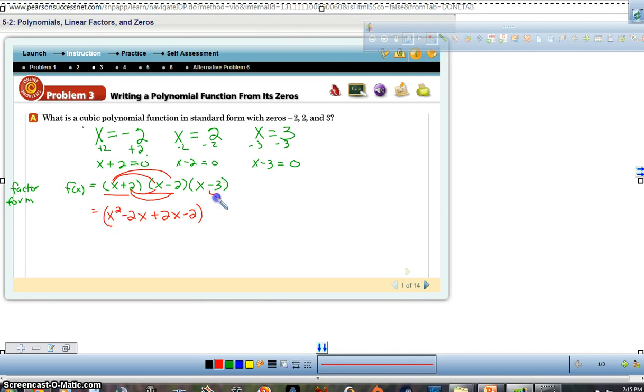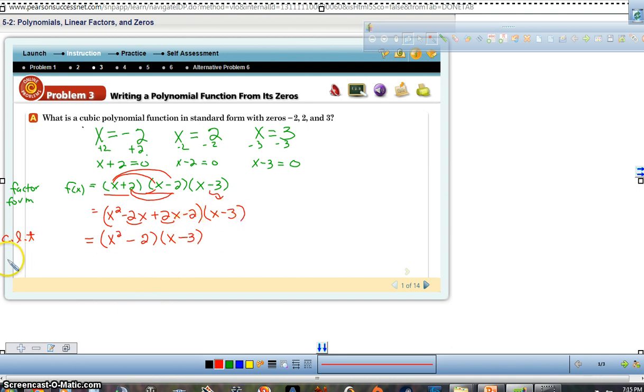And then I'm just going to bring down this one for the time being. Combine like terms. So we have x squared, and these two make 0. Then x minus 3, I just brought it down.